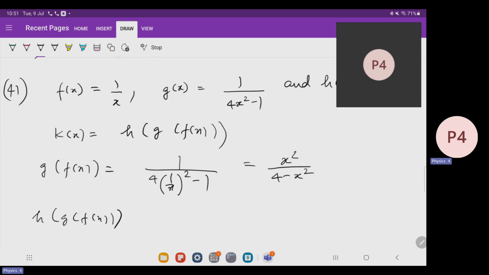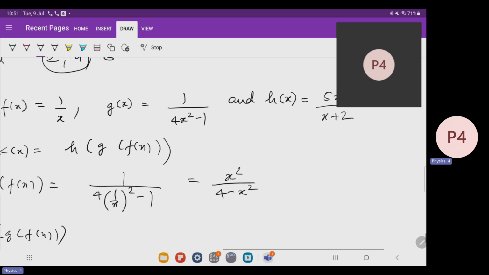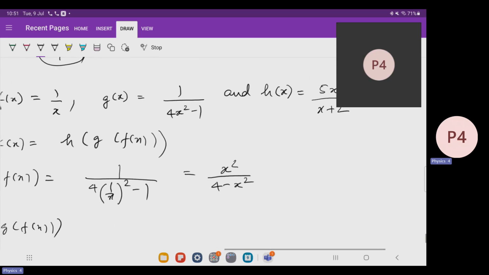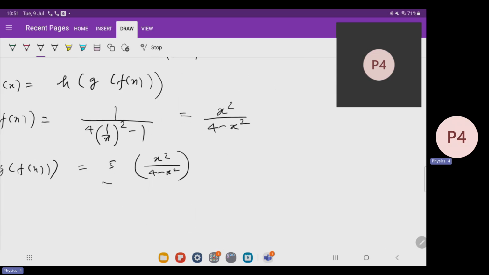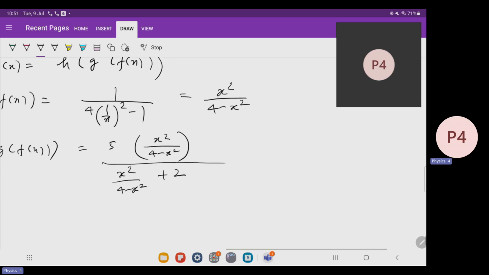So for this, in h of x, we are going to substitute g of f of x. So it will become 5 times x square upon 4 minus x square, upon x square upon 4 minus x square plus 2. So solving this is 5x square upon x square plus 2 times 4 minus x square.